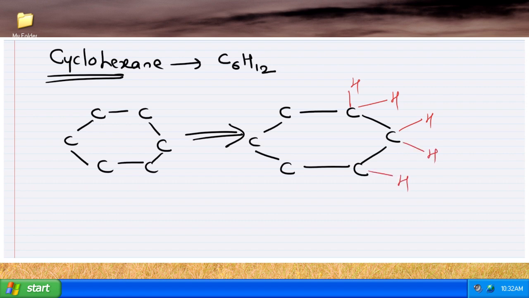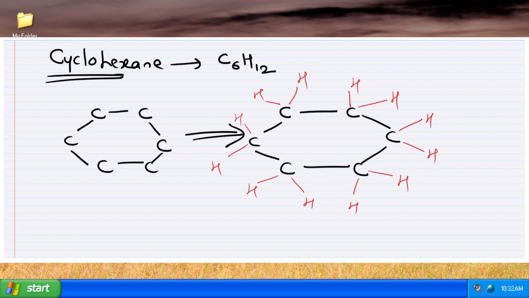Observe carefully, something is missing. Hydrogen, hydrogen, hydrogen, hydrogen, hydrogen. Yes, hydrogen. So done. How many hydrogens are there? Total 12 hydrogens, and this is the structure for C6H12.